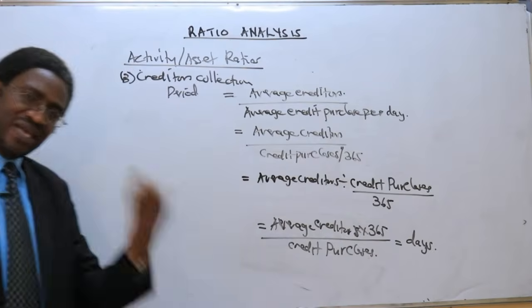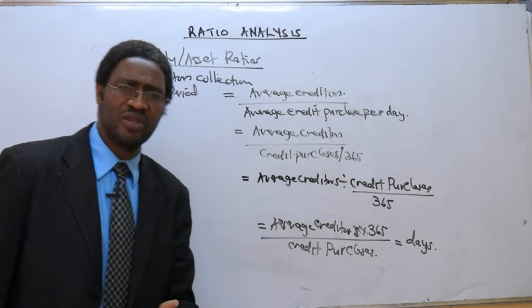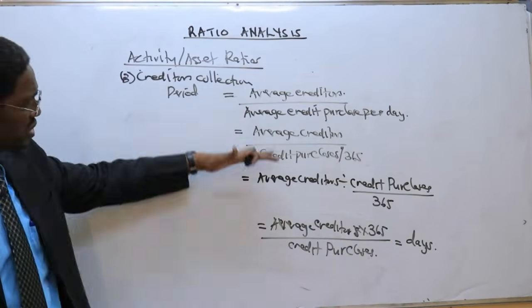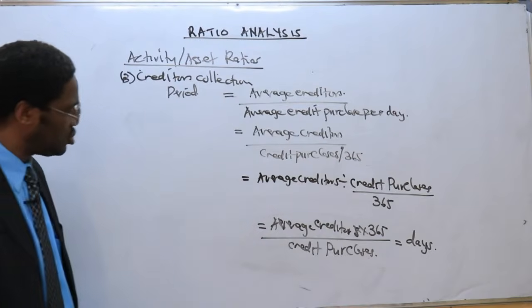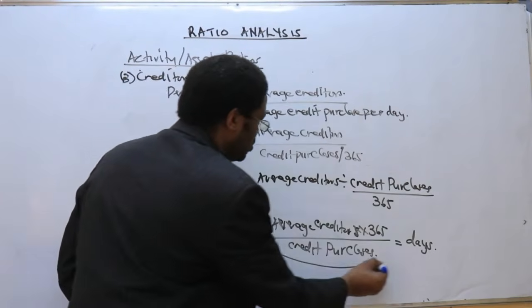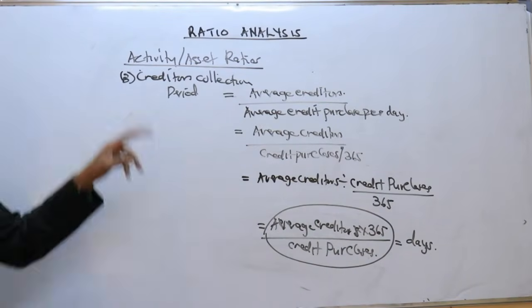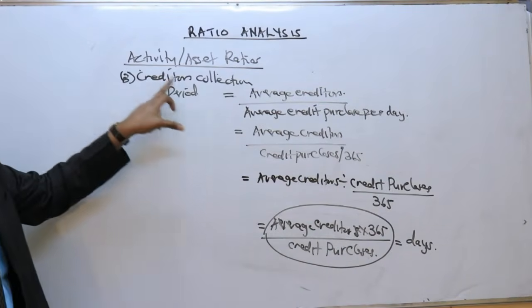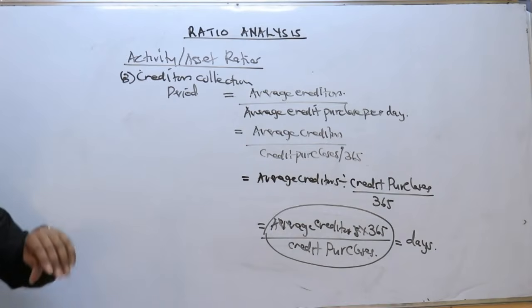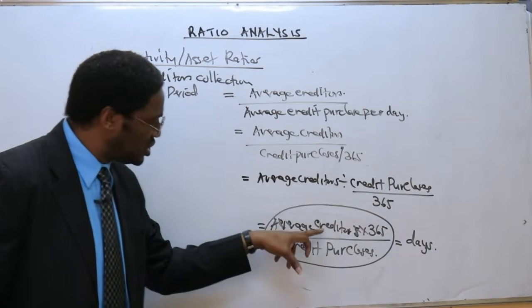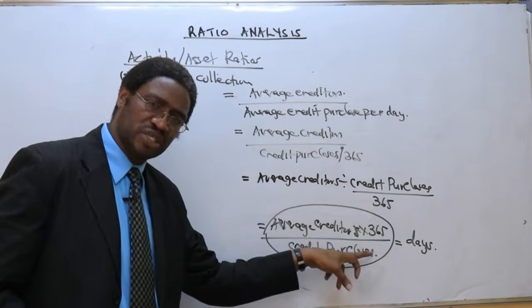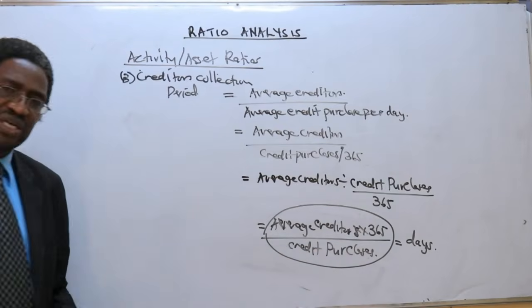Now, in the exam, you don't have to show all these calculations. What you just need to show as the final answer is this: to get the creditors collection period, we take average creditors, multiply that by 365, and divide that by credit purchases.